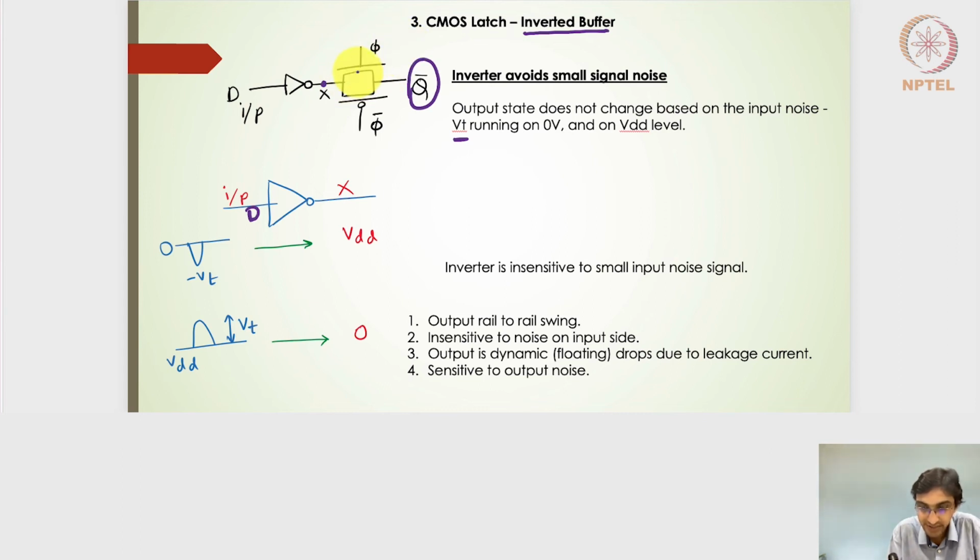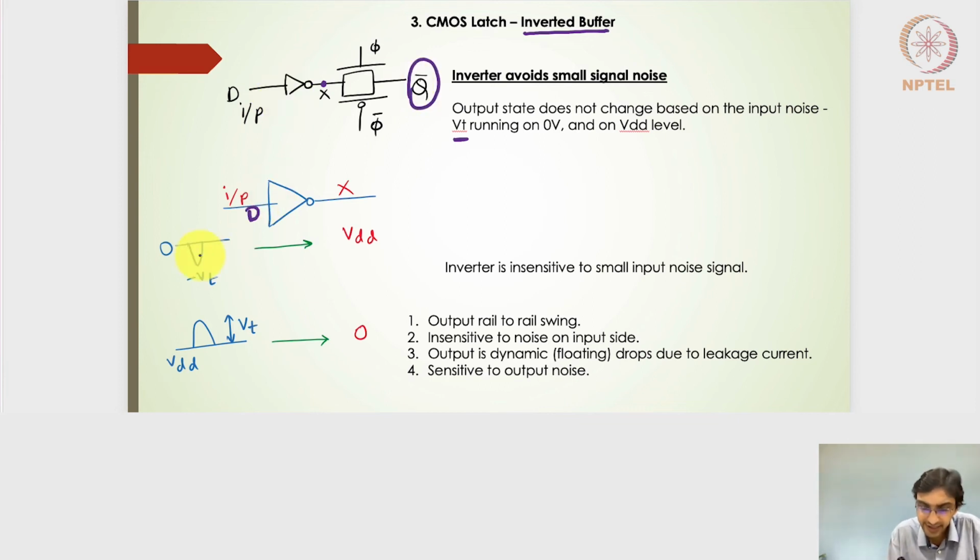Even in the opaque state, if the input noise was going below minus Vt, my VGS level was greater than Vt, and then this particular NMOS transistor was turned on, and thereby the output might have a change based on the input signal.